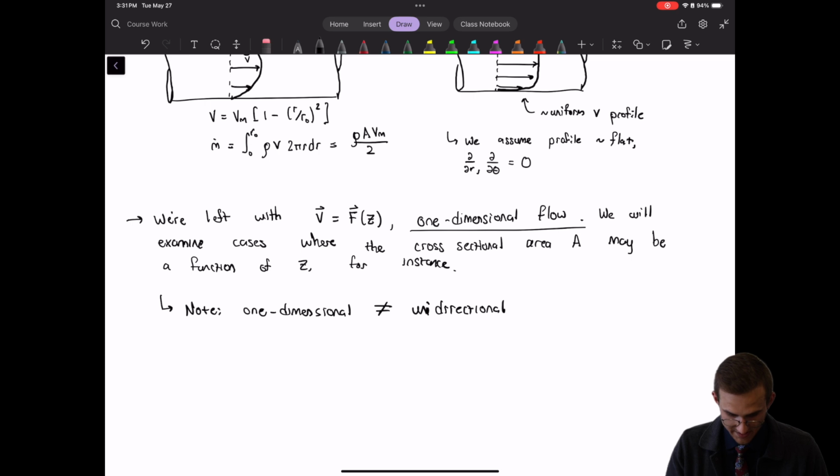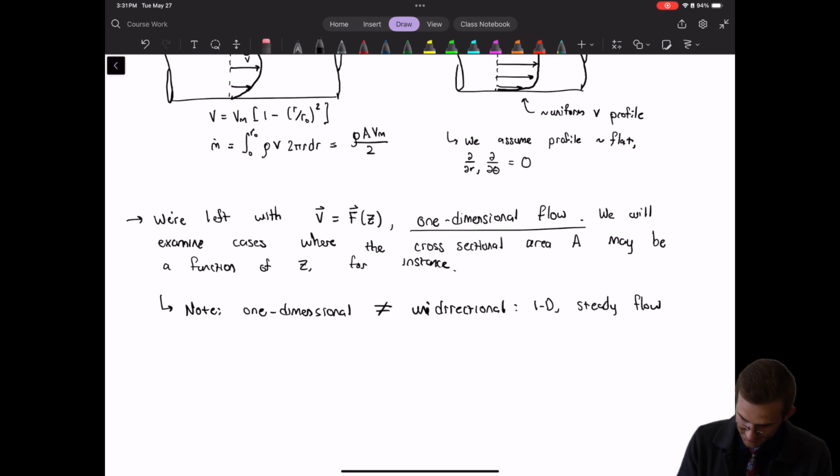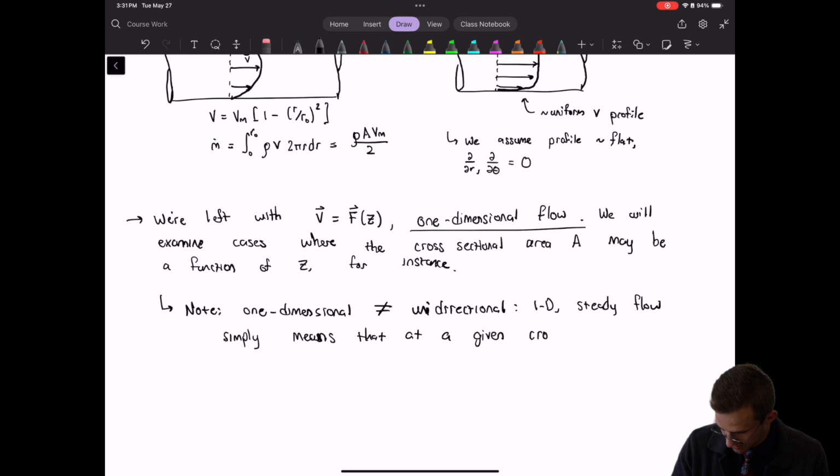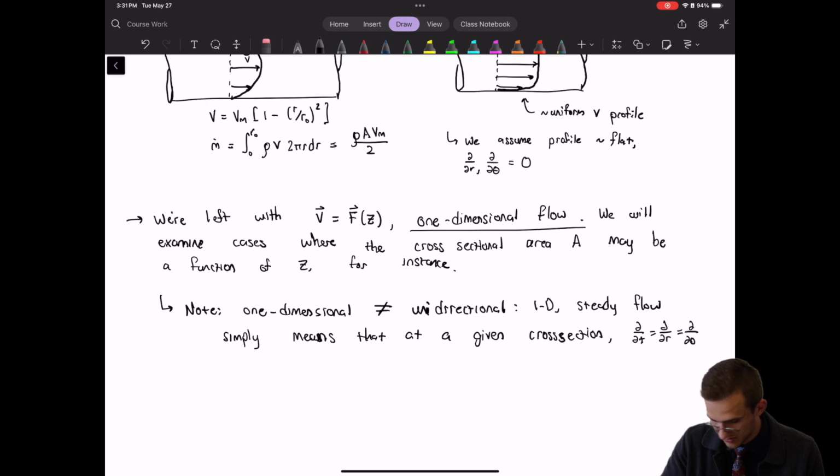Well, what I mean is that 1D steady flow simply means that at a given cross-section of the channel or pipe, d by dt and d by dr and d by d theta are all equal to 0.